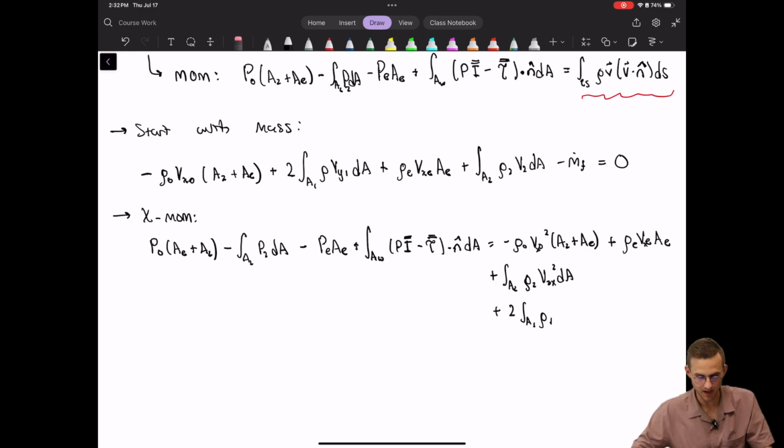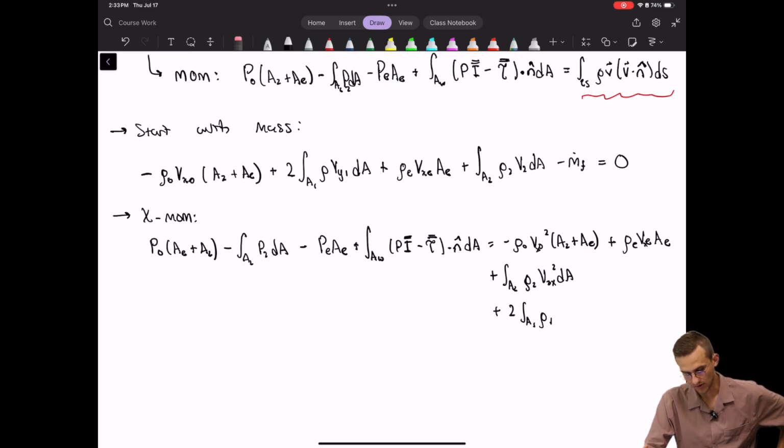This term is actually a little complicated. The velocity that's carrying it out, the component that you're pulling out with that v dot n hat part of the integrand, is Vy1, but we're actually interested in the x velocity that's being carried out.